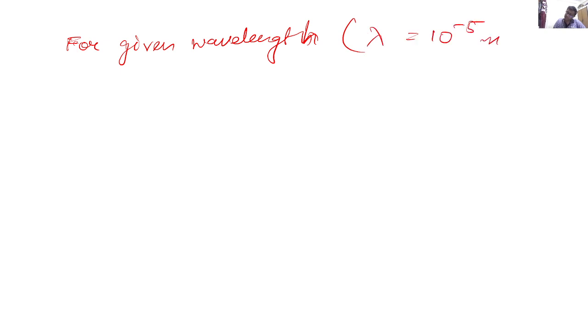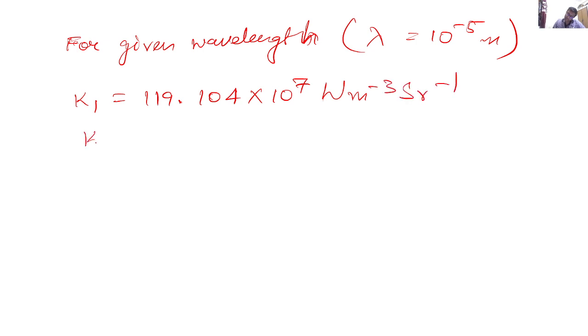Now for given wavelength, say lambda is equal to 10 power minus 5 meters, K1 would arrive as 119.104 into 10 power 7 watts per meter cube per steradian, and K2 would be 1498.765 Kelvin.